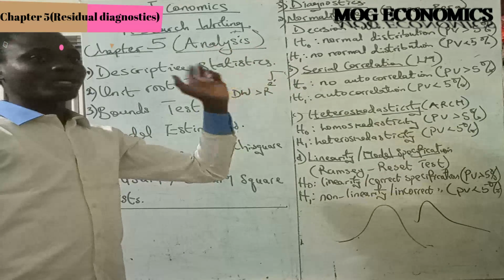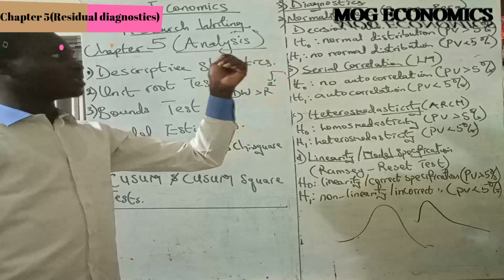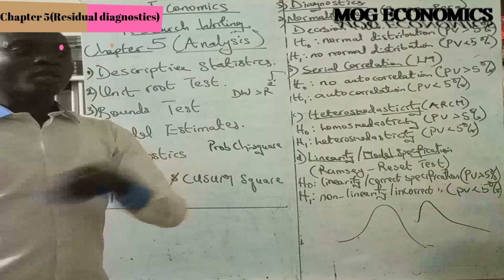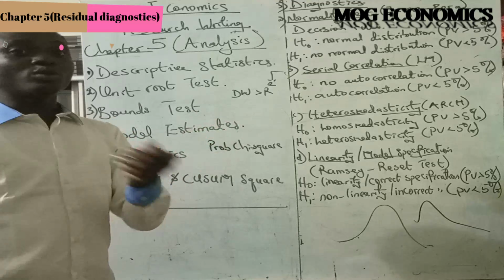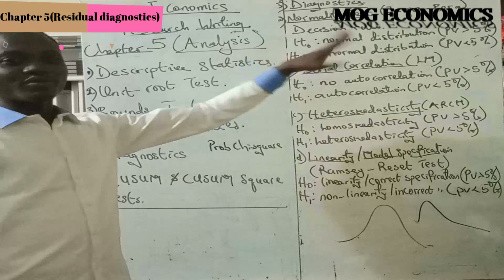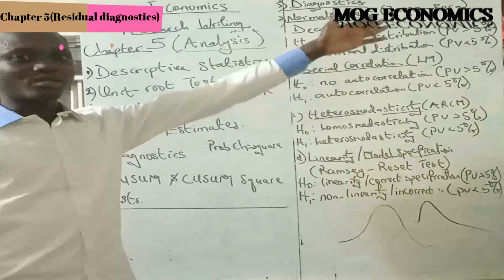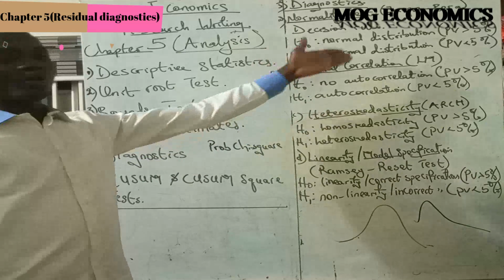H naught, the null hypothesis, is that residuals are normally distributed, or follow a normal distribution. That's the proper way to write it, but I'm just summarizing here. The alternative hypothesis is that residuals are not normally distributed.